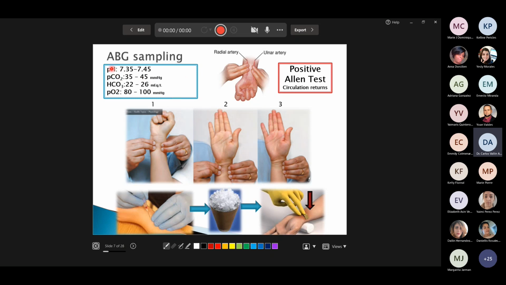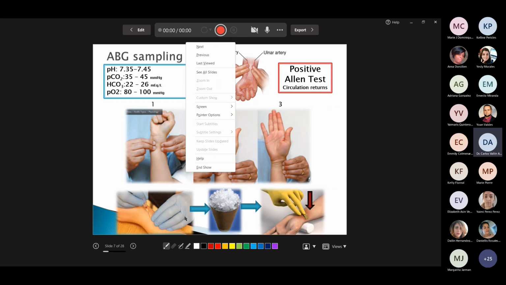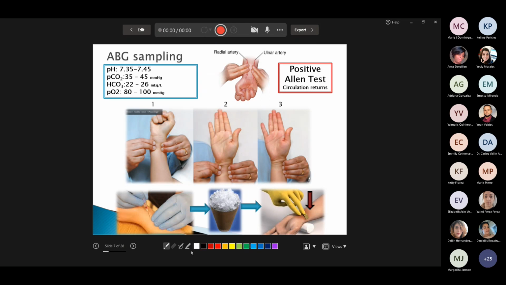For the acid-base balance, you only use the pH and the CO2. Well, you use it depending on how you learned it. But for the people that have problems, my suggestion is to use ROME, which is an acronym easy to remember.